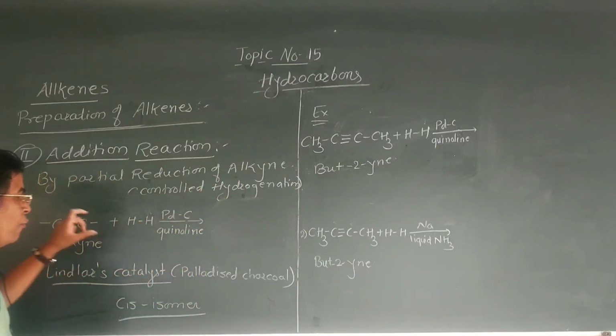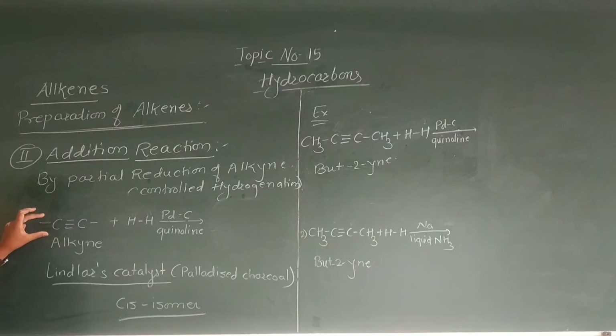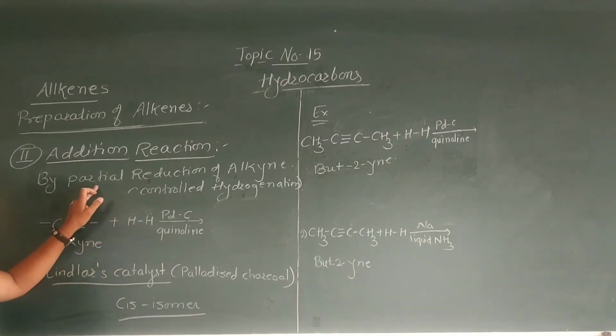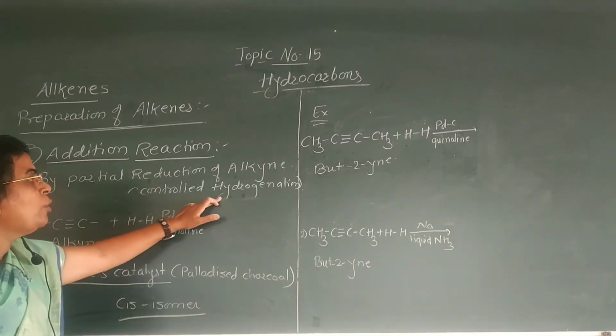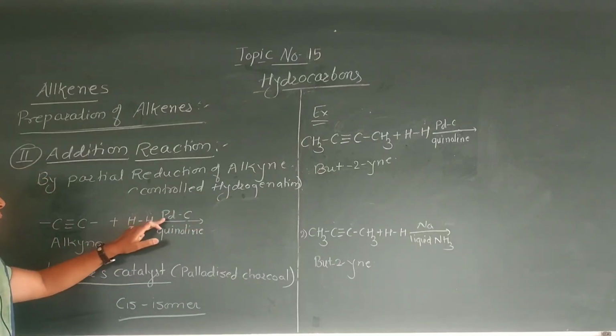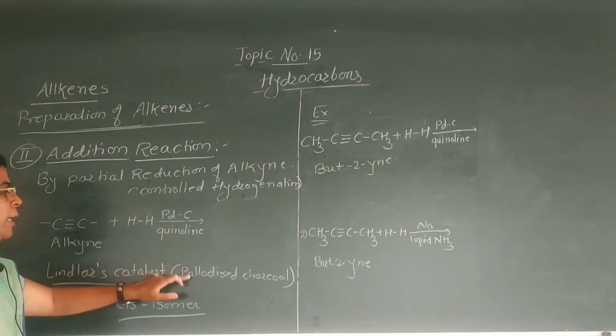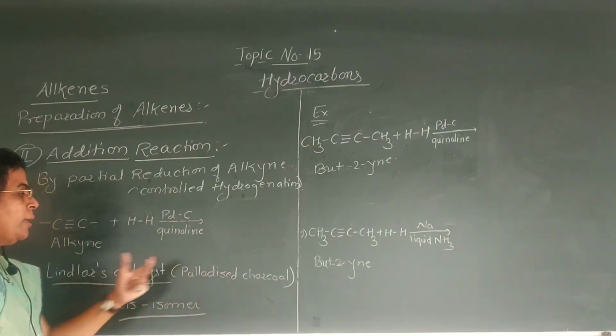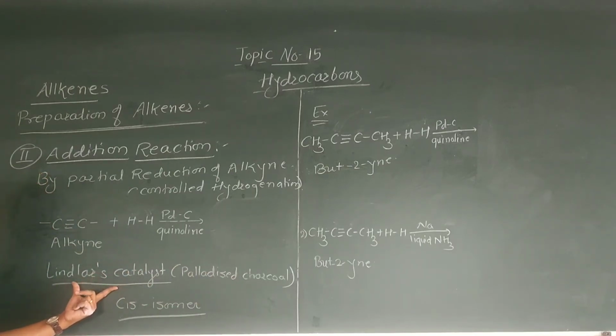Now alkynes are unsaturated hydrocarbons having carbon-carbon triple bond. When these alkynes undergo reduction or partial reduction or controlled hydrogenation in the presence of palladized charcoal, this is palladium and this is carbon, therefore it is palladized charcoal. The name of this catalyst is Lindlar catalyst.